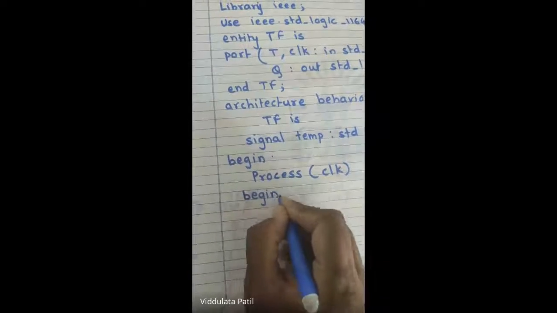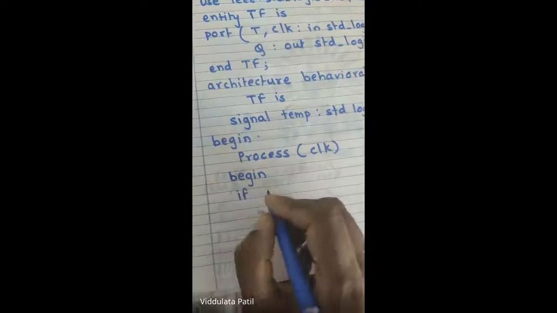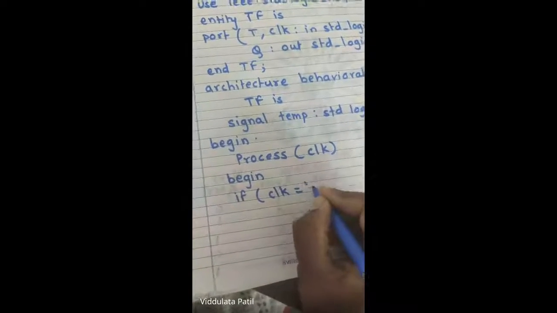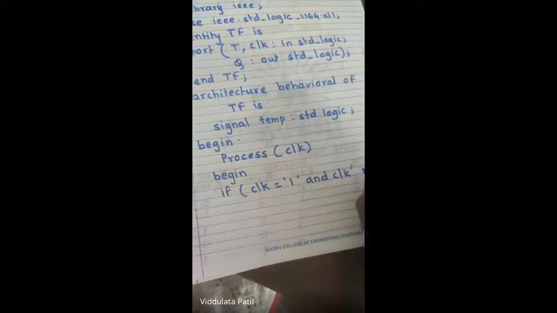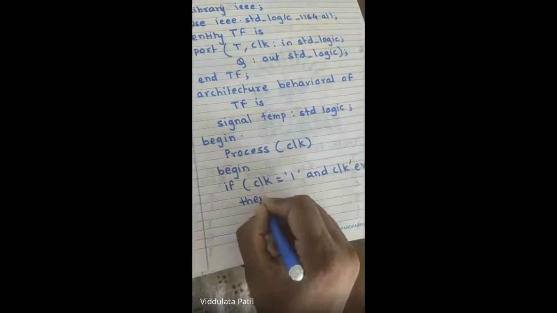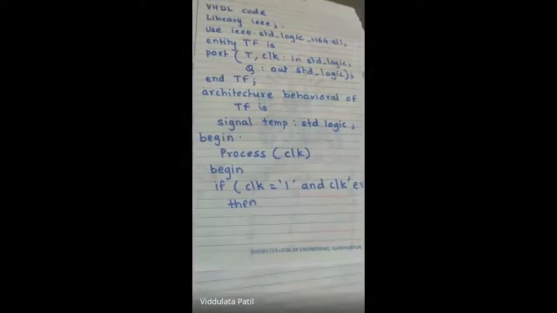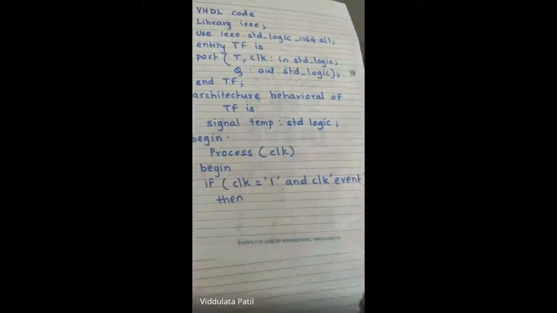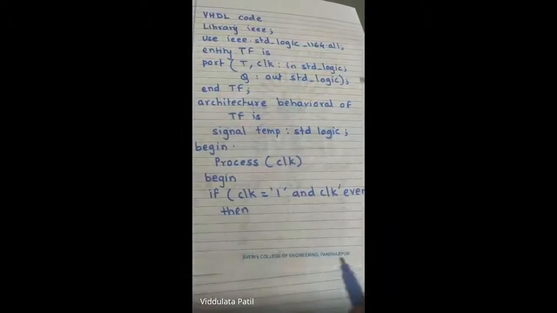Beginning of this, and then here if clock is equal to 1, that means clock'event, then okay. So in this case, what we have taken, if clock is equal to 1 and clock'event, that means there is a change in the clock. So it is changing from 0 to 1.